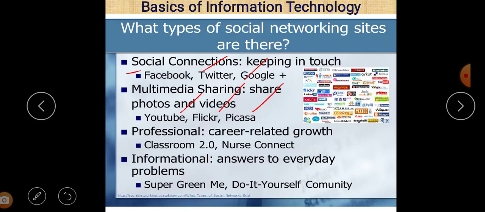And professionals in career related growth, such as Classroom 2.0, Nurse Connect. And informational, means answers to everyday problems: Super Green Me, do it yourself community. So these are examples of different social media sites. There are so many social media sites available on internet. You can pick according to your choice, according to your interest.